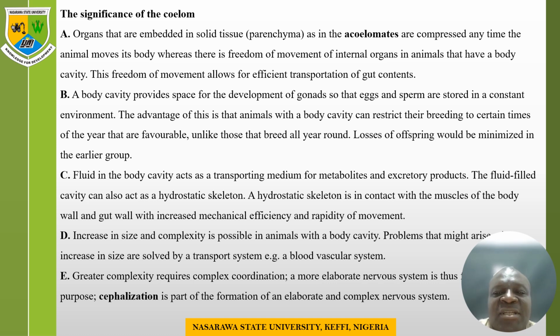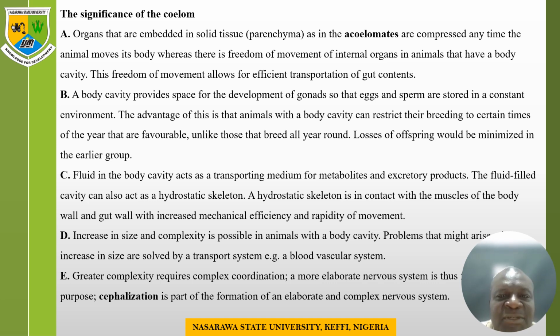Hydro, because the fluid has to do with water, and static. So it acts as a hydrostatic skeleton, a skeleton that contains water, which makes contact with the muscles of the body wall and the gut, which increases the mechanical efficiency, and it also enables the organism to move from one place to another.